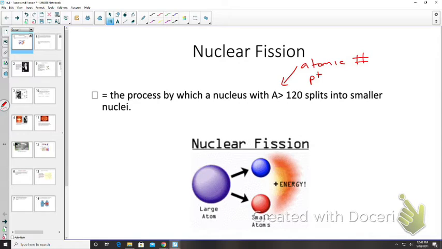Why do we have a release of energy here? Well, remember from topic 16.1, we learned about the binding energy of nuclei, and we wanted to find the binding energy per nucleon. We would divide that by the atomic number, right? And to find that, it was the energy of the nucleons subtract the energy of the nucleus.